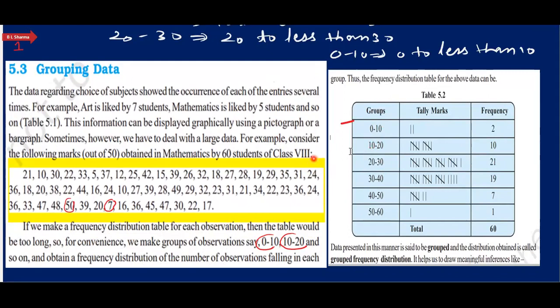So see, counting here 0 to less than 10. First of all, this is 1. Then less than 10.